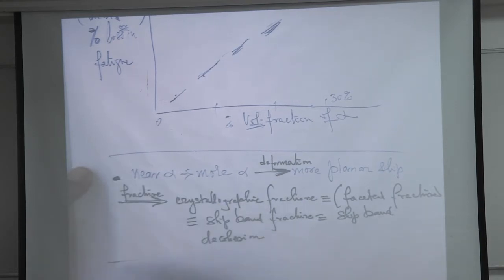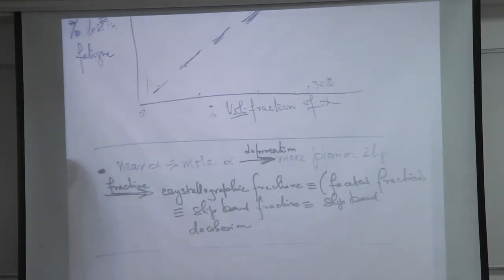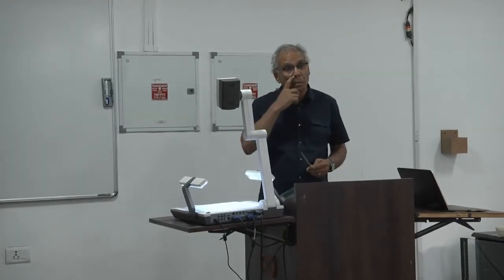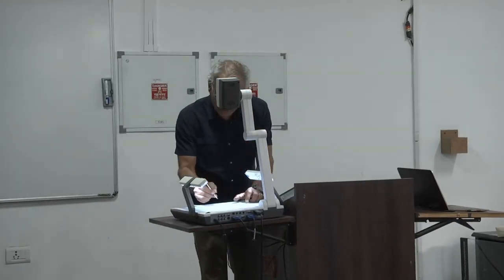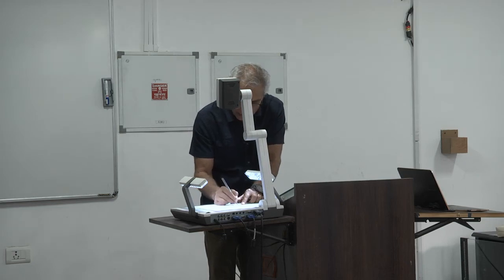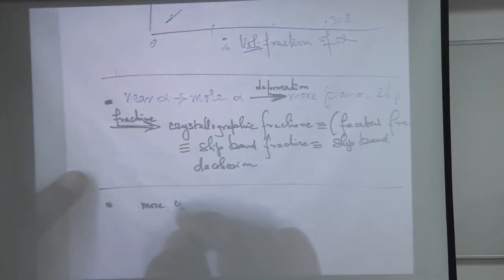So near alpha, or more volume percent of alpha, means more crystallographic texture, more planar slip. Let me also make another one up here, more crystallographic texture.